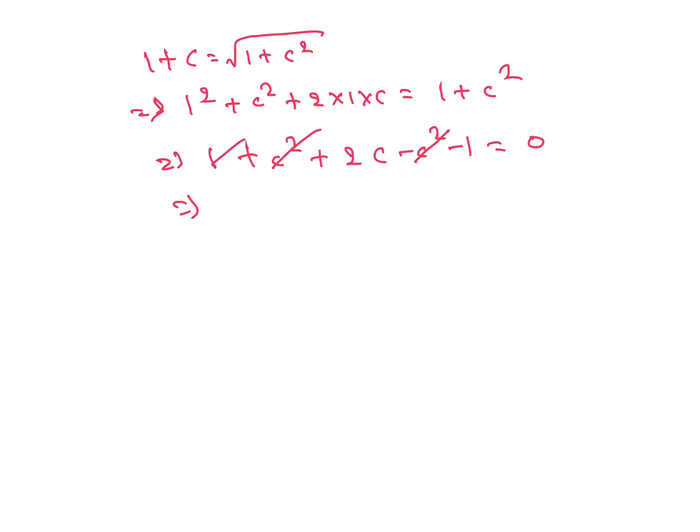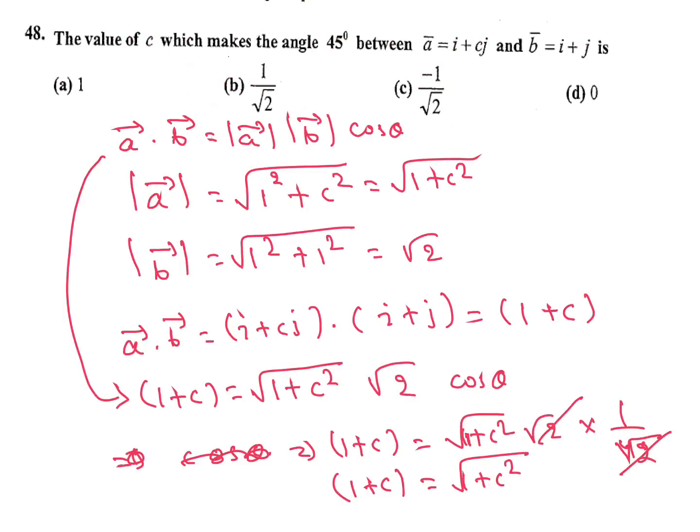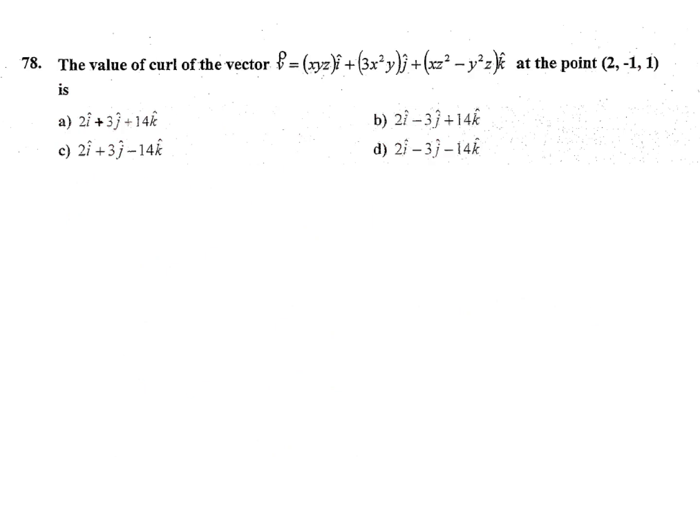So 2C equal to 0, so C equal to 0. From the options, D is our answer.